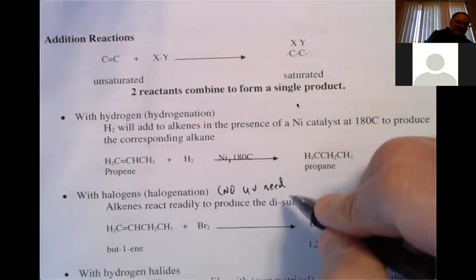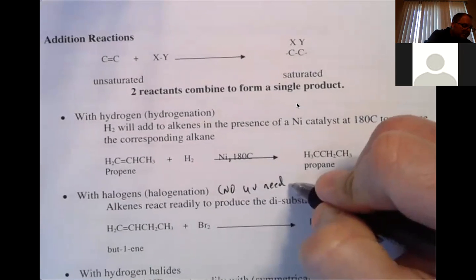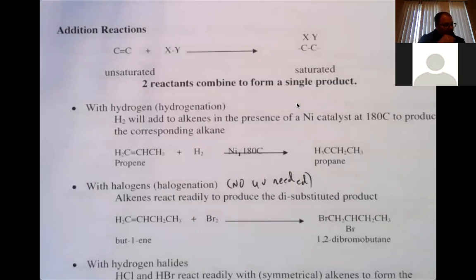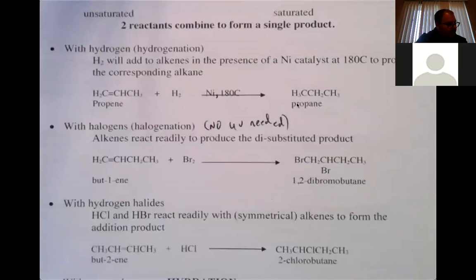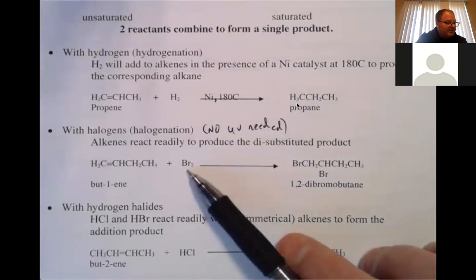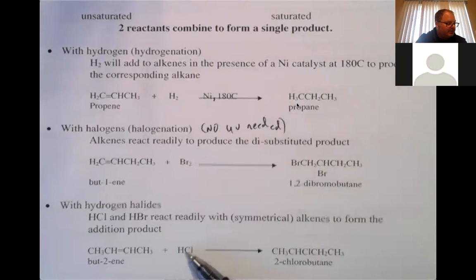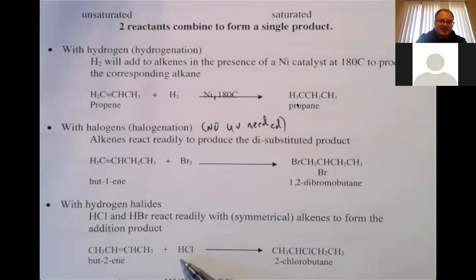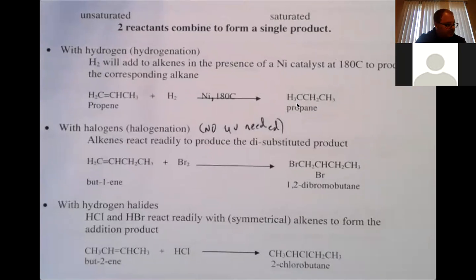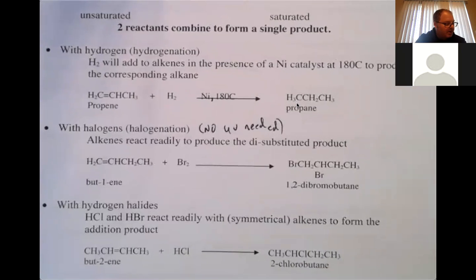Alkynes as well, but I don't think that you need to know them. So you can do that with the straight up diatomic halogen, or you can do it in an acidic solution, like the HCl or HBr.